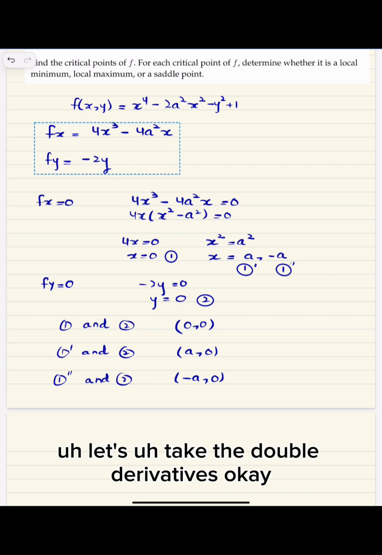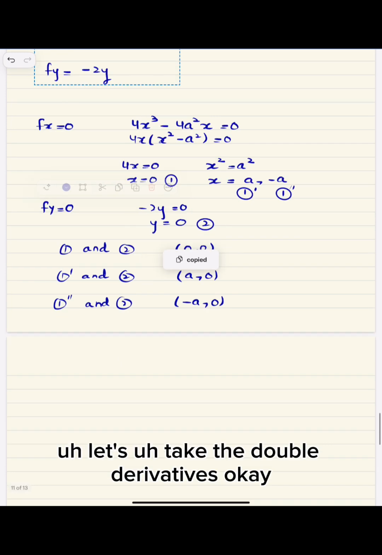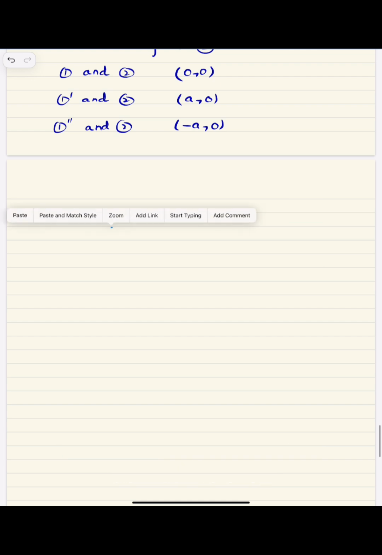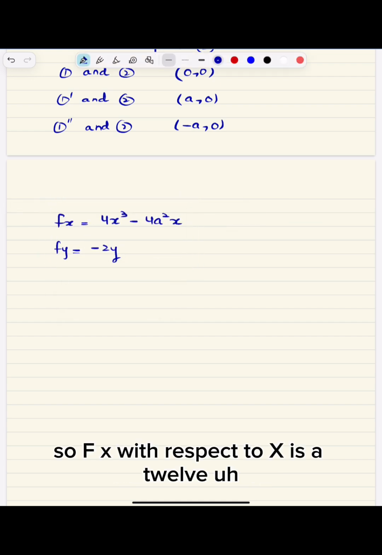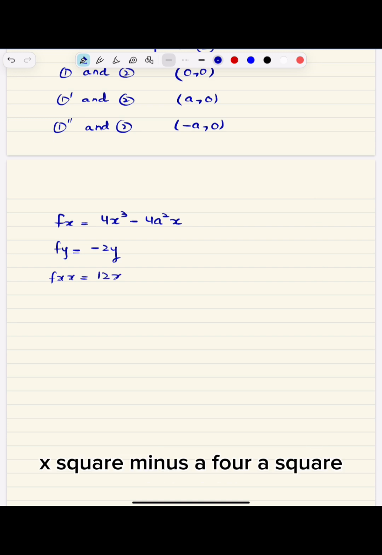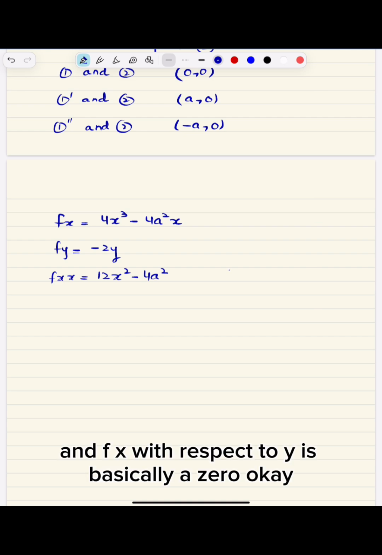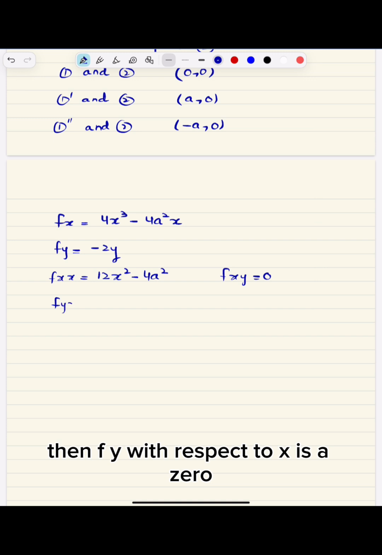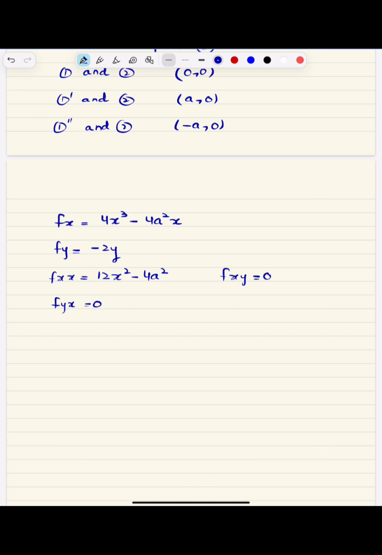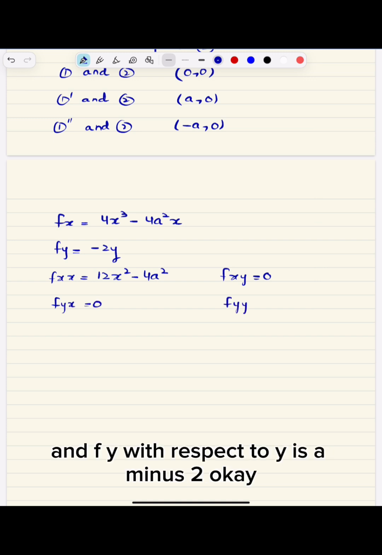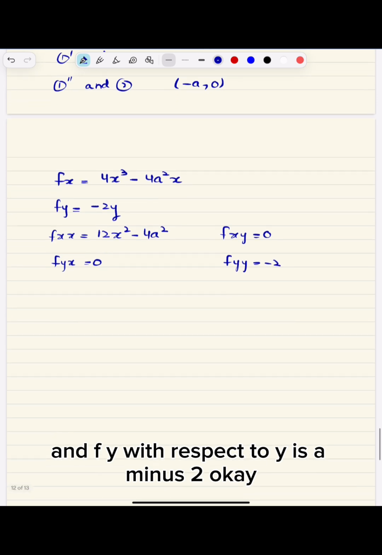Let's take the double derivatives. Okay, so f_xx is 12x squared minus 4a squared, and f_xy is basically 0. Then f_yx is 0 and f_yy is -2.